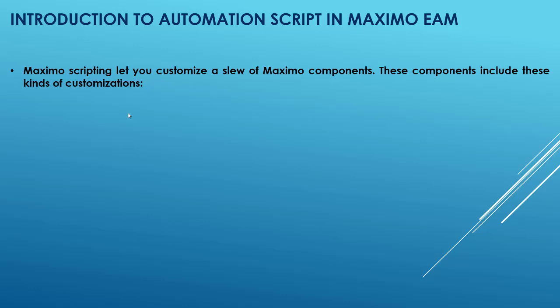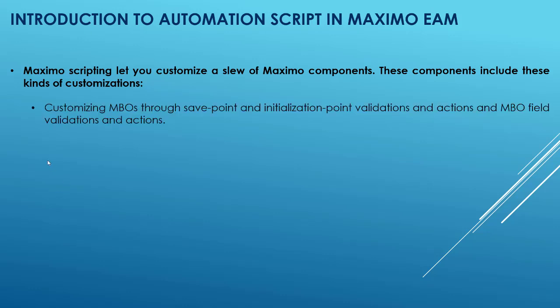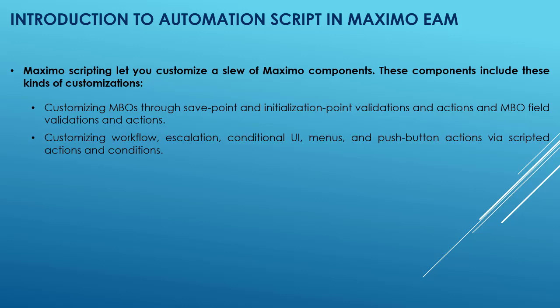These components include these kinds of customizations: customizing MBOs through save point and initialization point validations and actions, and MBO field validations and actions. You can also customize your workflow, escalation, conditional UI menus, and push button actions via scripted actions and conditions.